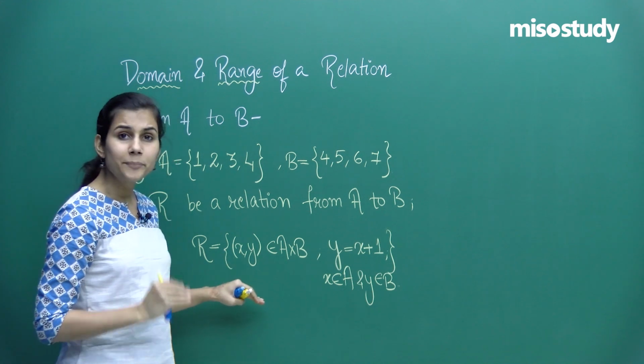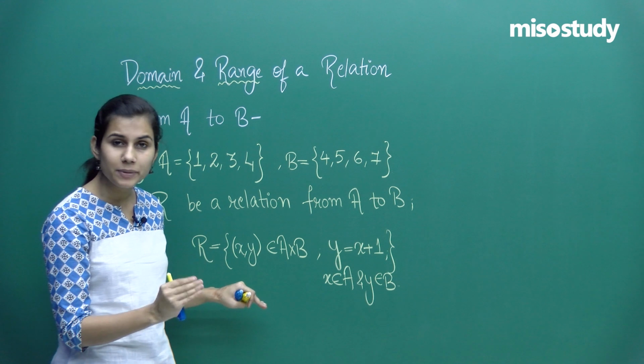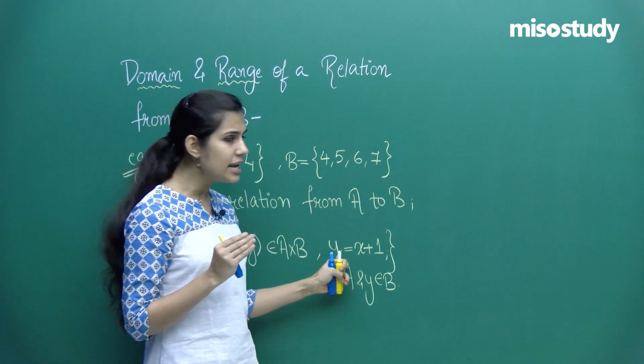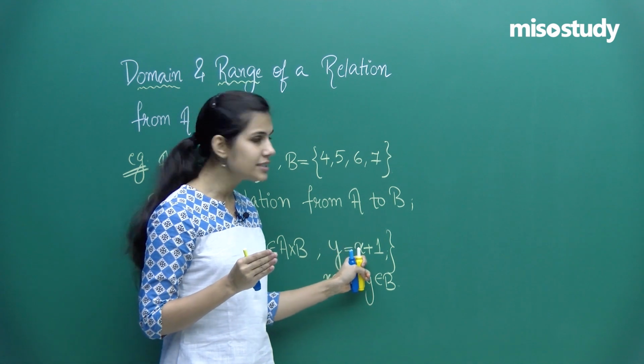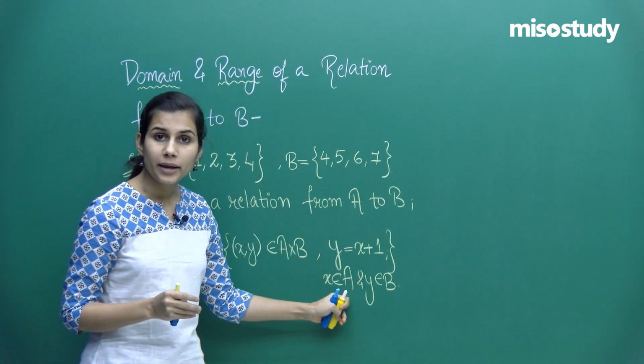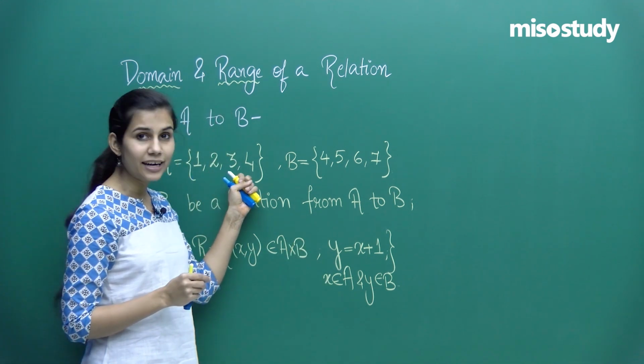In order to obtain R, I need those ordered pairs from A cross B, where A is this and B is this, in which the second element is nothing but the first element plus 1. X is coming from A. What all does A have? A has 1, 2, 3 and 4.